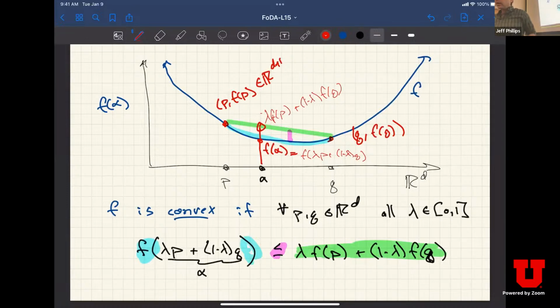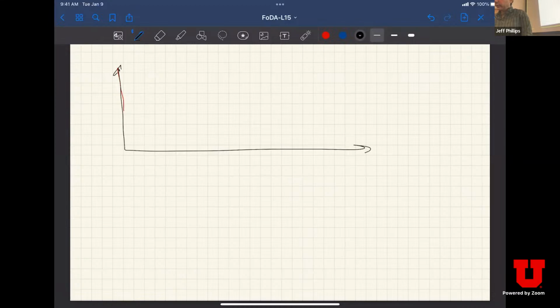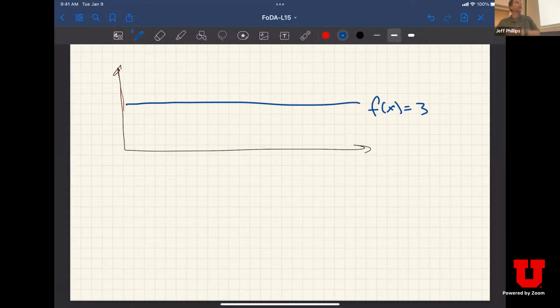Okay, let me go back to this simple but kind of silly example again. f of x equals 3. Is this function going to be convex?